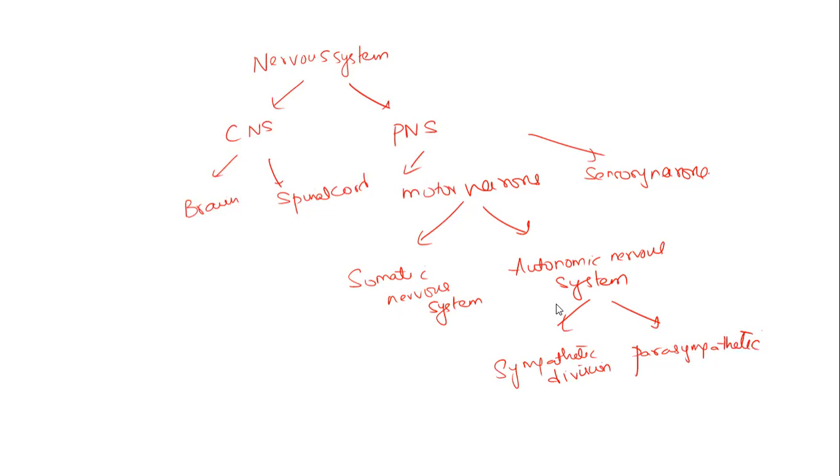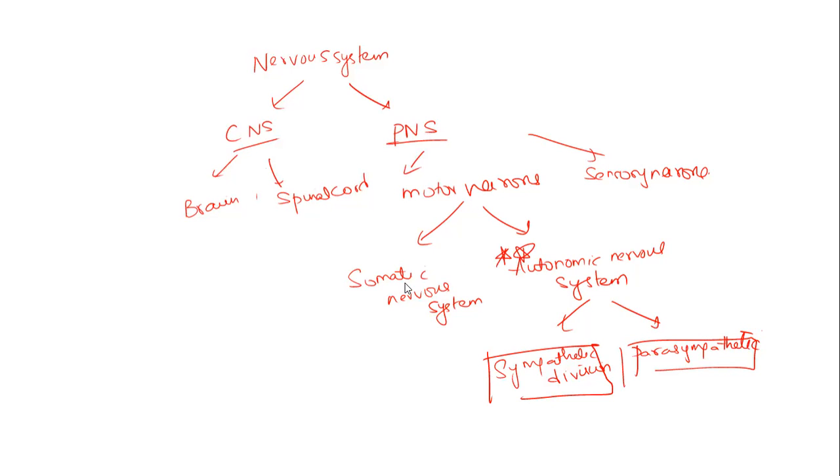So today we are going to study about the drugs affecting these systems. Okay, so I hope you are clear. Nervous system is classified into central nervous system and peripheral nervous system, and central nervous system consists of brain and spinal cord, whereas peripheral nervous system has motor neurons and sensory neurons.